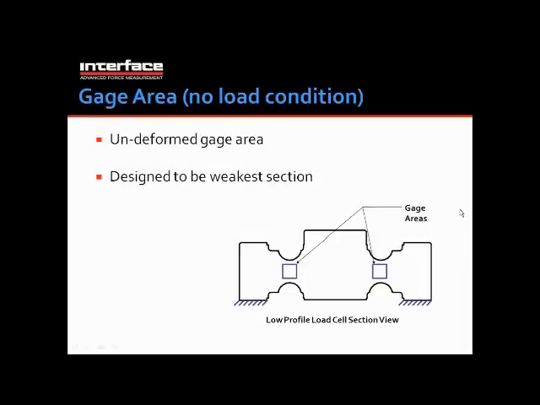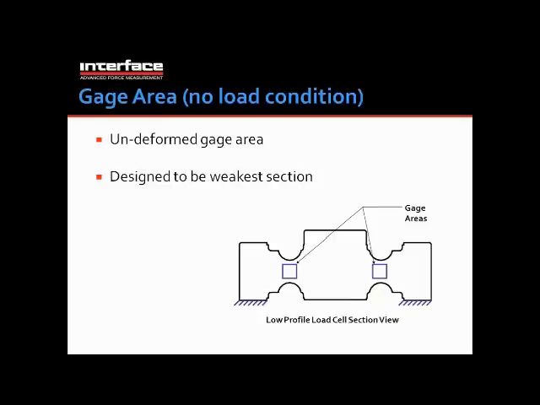Now let's talk about how the deformations on a flexure change the resistance across a gauge. What I have here is an image, a cross-sectional view of a low profile load cell.